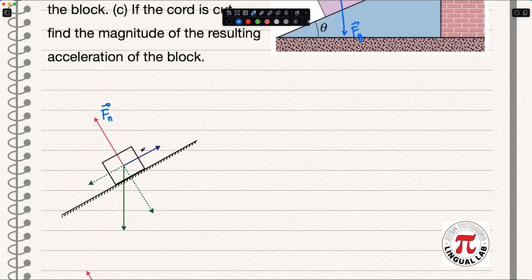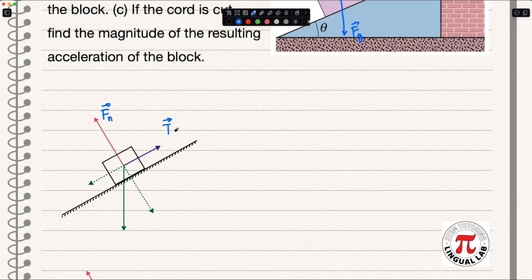Next, this is the tension force. The tension force comes from the cord, and it is always in the direction away from the body and along the cord.